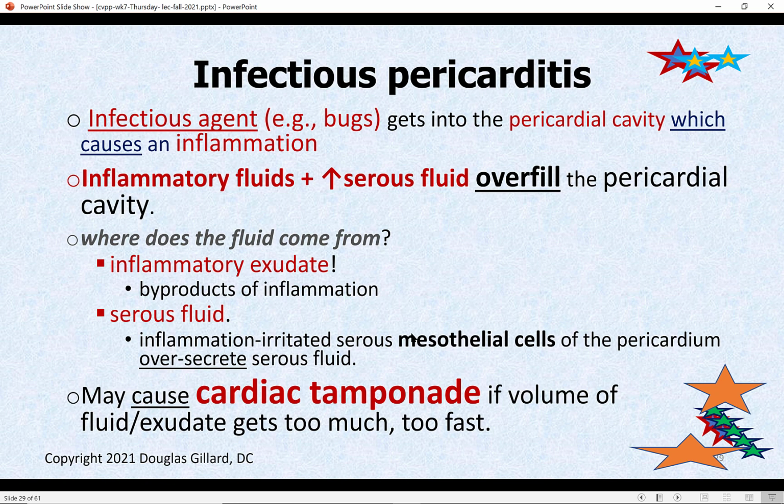Plus, the inflammation irritates the serous cells, or the mesothelial cells that line and make up the serous pericardium. And when cells get irritated, they oftentimes overproduce their juice. And that's what happens. They overproduce serous fluid. And you start to get a buildup in the pericardial cavity. And yeah, so you start to get cardiac tamponade.